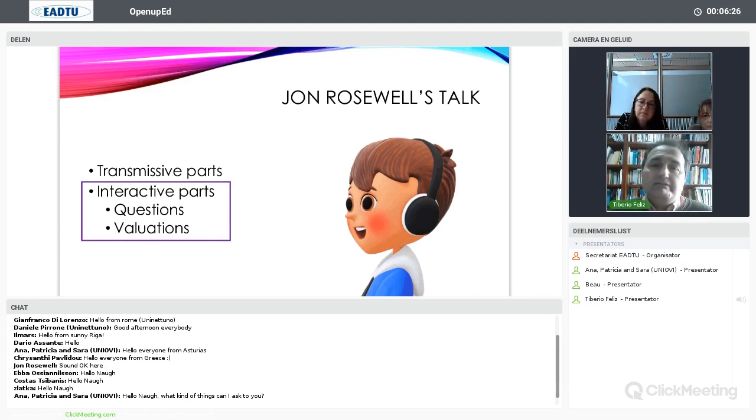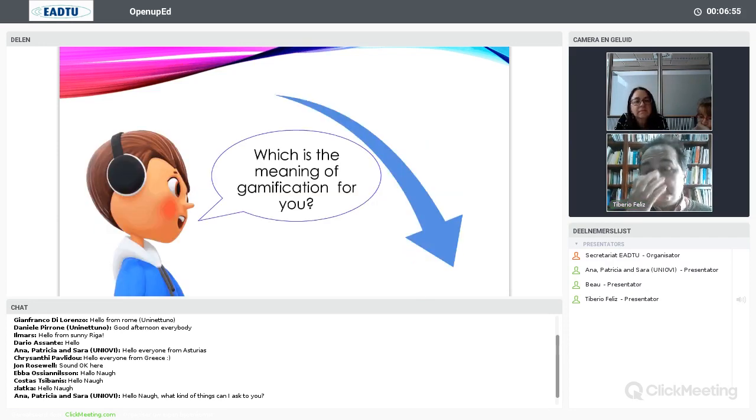As I understood it, gamification is very related to this kind of elements you used yesterday. So it's a very good point to start, starting from the experience of everybody who participated in the talk yesterday.